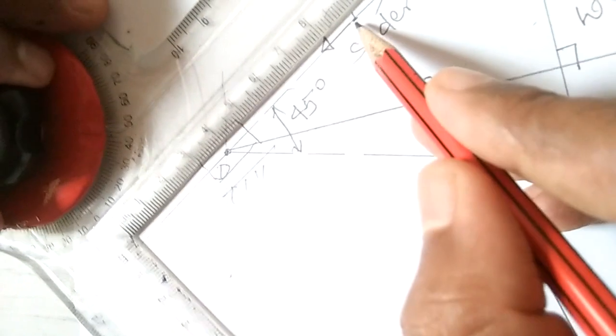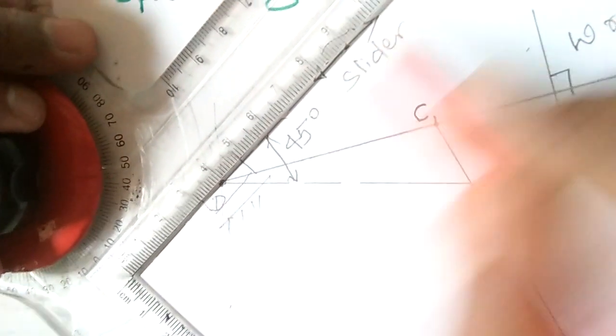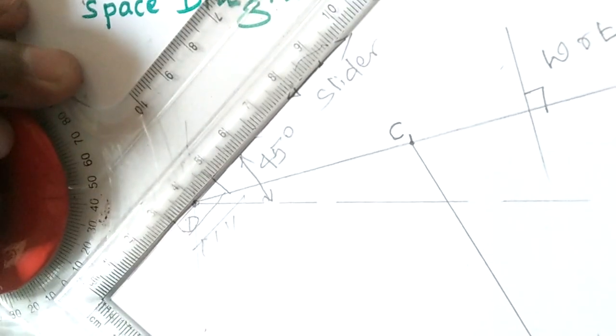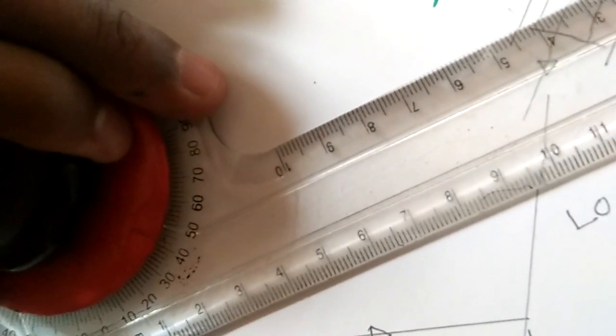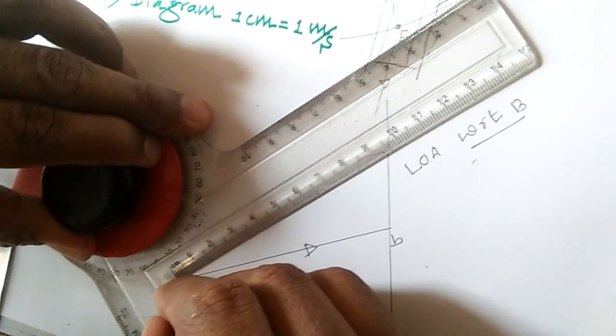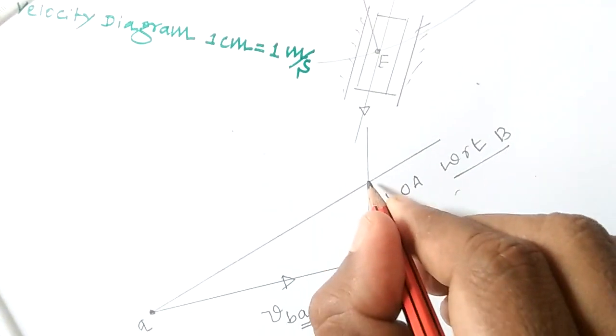This is important. For the slider, you have to take it along the line of the motion only. I have explained this in the previous example also. With respect to which point? With respect to the A point. A is already known. You draw this one. This is also a line of action only, because you don't know the magnitude and direction. This new point is D.